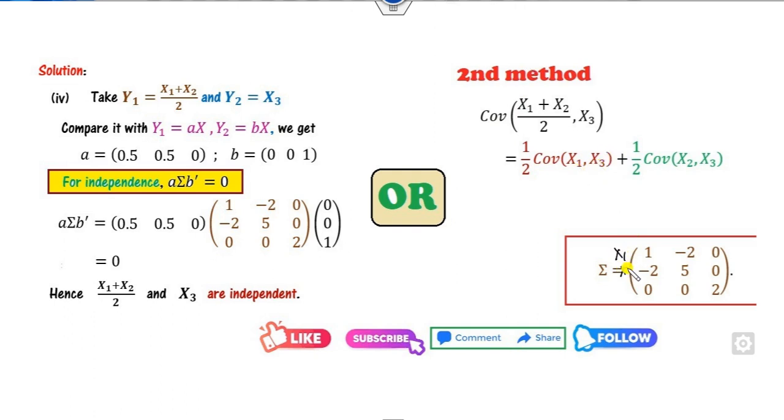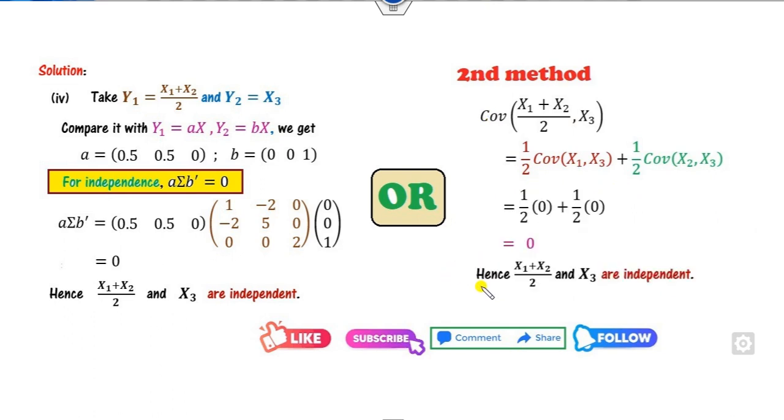This is my sigma given to you, with x1 x2 x3. What is the answer for x1 x3? 0. So it's half times 0. x2 x3 is 0. So the total answer is 0. Once the covariance is 0, therefore these are independent random variables. So you can see the second method gives the same result.